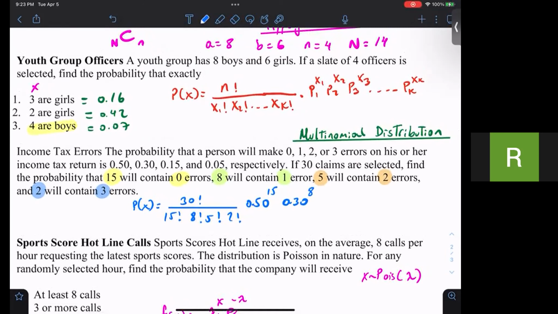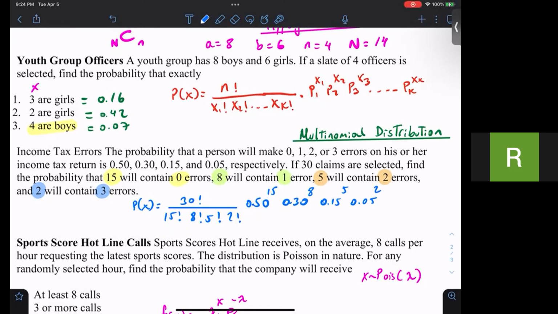And then you have 5 claims containing 2 errors, the probability 0.15 to the power of 5. Basically, you're writing these numbers here. And then the next probability is 0.05, and they said 2 will contain 3 errors, so the probability of 2 claims containing 3 errors is 0.05 to the second power. Now you just need to multiply these values and get your answer.